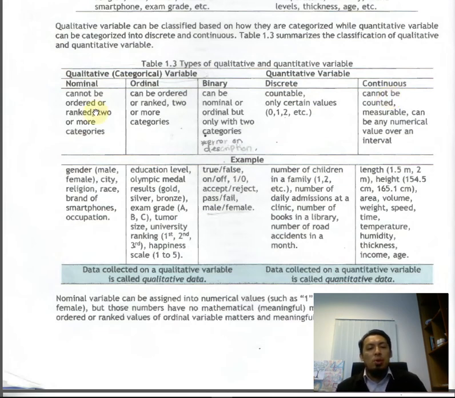So for this one you can only count it, for this one you can count it and also rank it. So the richness of data actually goes up one level. And then we go to this one. For discrete, you can count it, you can arrange it, you can also quantify using all of the mathematical operations possible. Right? We have plus, minus, divide, and also multiply.